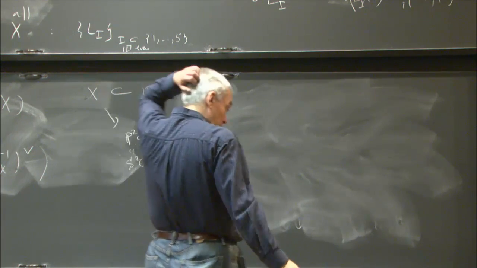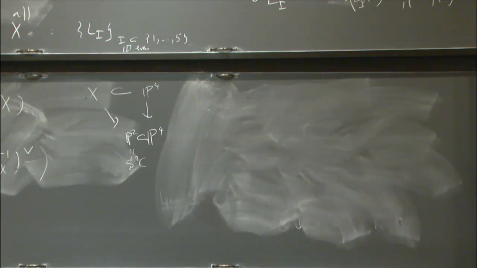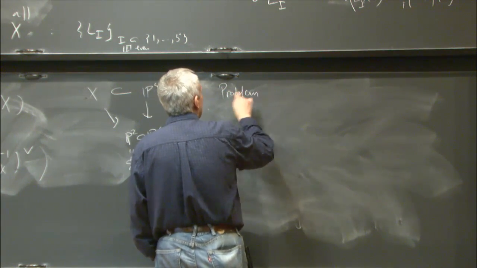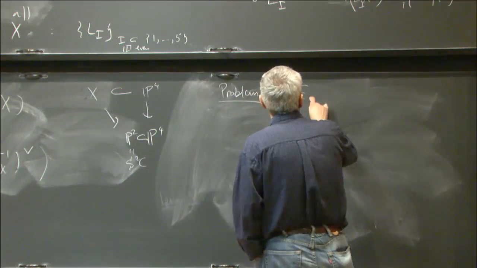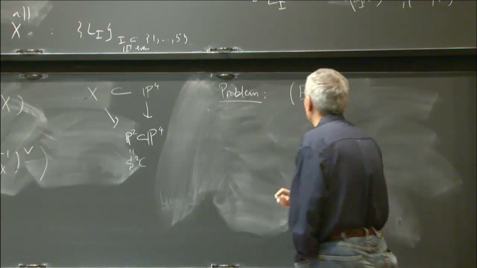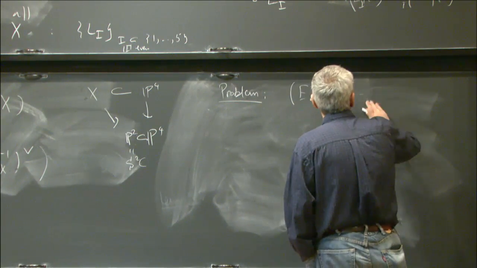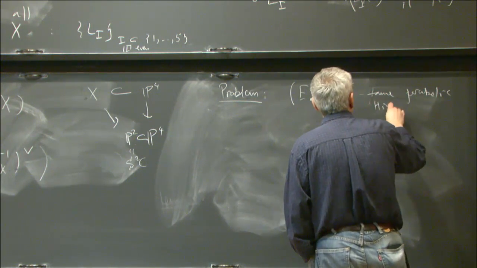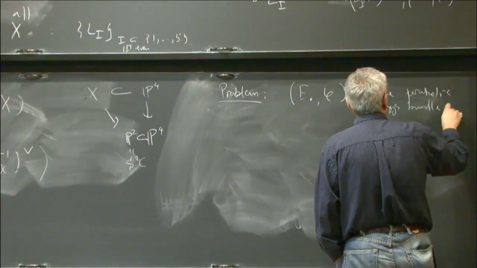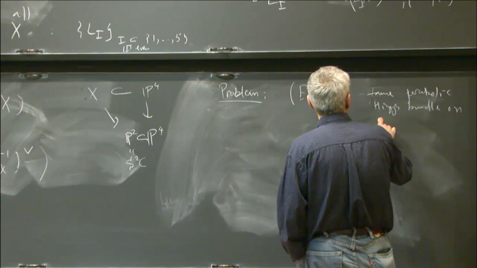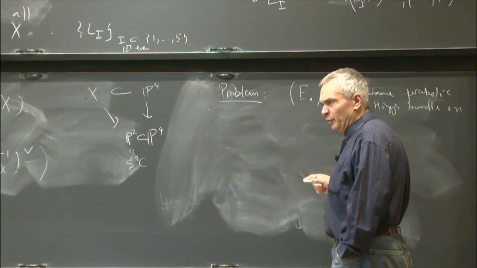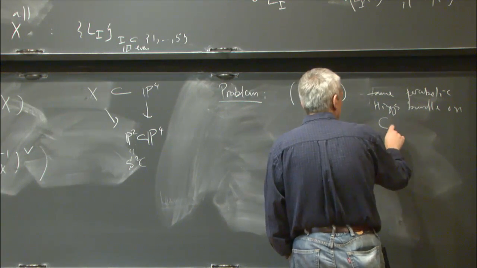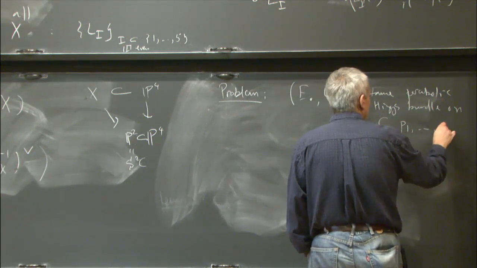And now, what you have to do, the problem we needed to solve, was you start with a parabolic Higgs bundle. So this is a tame parabolic Higgs bundle with logarithmic pole on C with this parabolic structure.